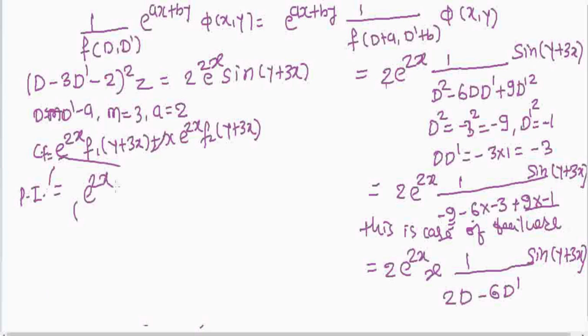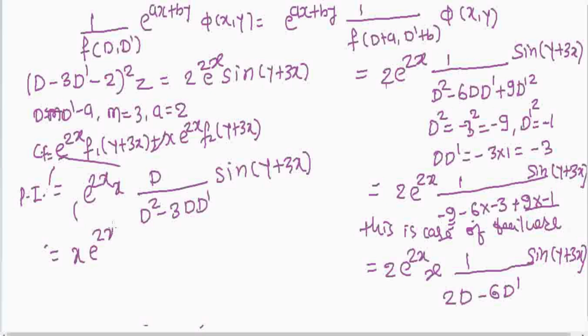So 2 gets cancelled, and we get the particular integral equal to e raised to 2x into x, D divided by (D square minus 3D D dash) sine of (y plus 3x), equal to x into e raised to 2x, D divided by (D square, minus 9, minus 3 into minus 3), sine of (y plus 3x).